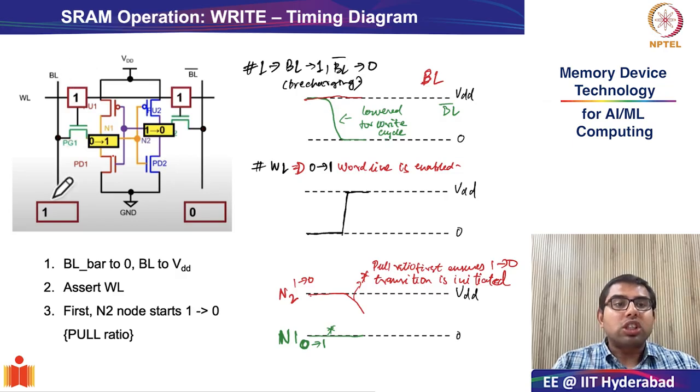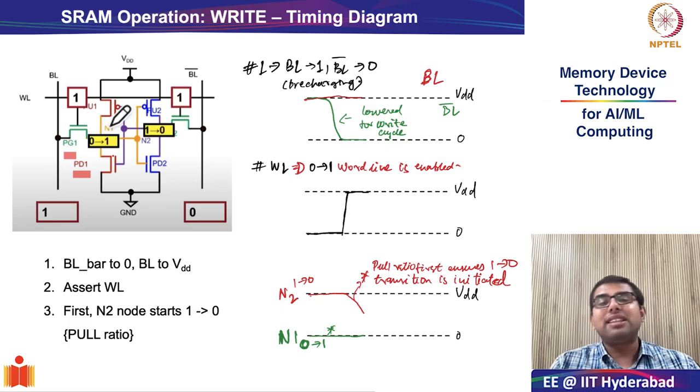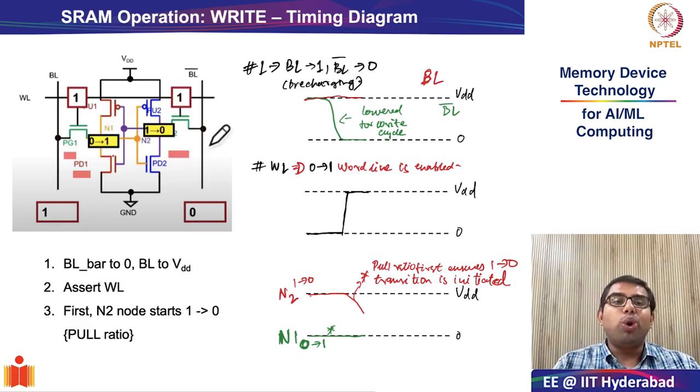The bit line was 1, the internal storage node was 0, and because of the way you had managed the cell ratio, the ratio of width between PD1 and PG1, there will not be a destructive or a flipping scenario at storage node 1. This flipping scenario will happen at storage node 2 because there will be a turn on of the pass gate transistor 2. And that is what we see in the timing diagram as well.